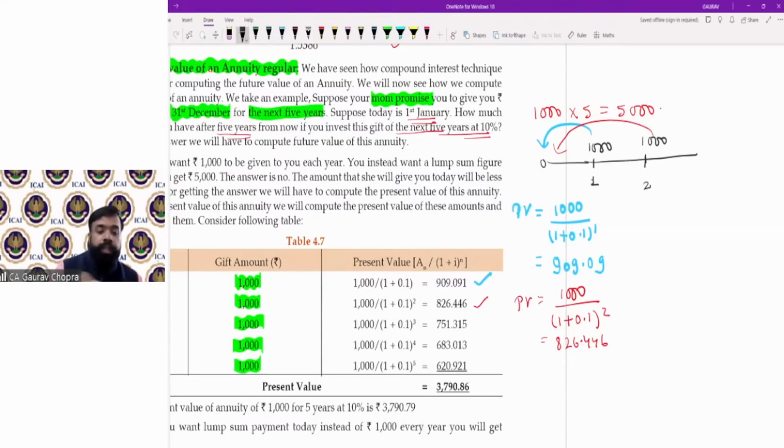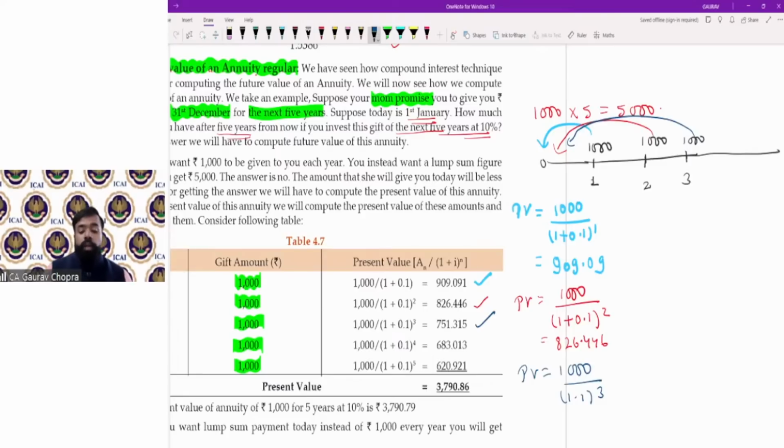Then comes again the third year. In third year also you receive 1000. So what is the value of this 1000? So present value equal to 1000 upon 1.1 to the power of 3. This you have to calculate, you get 751.